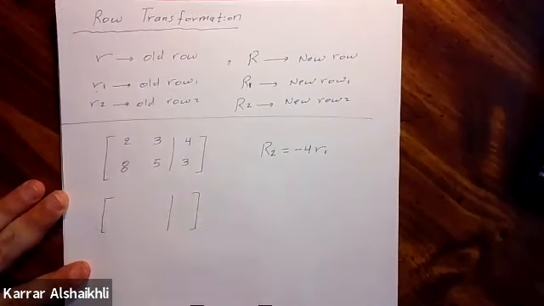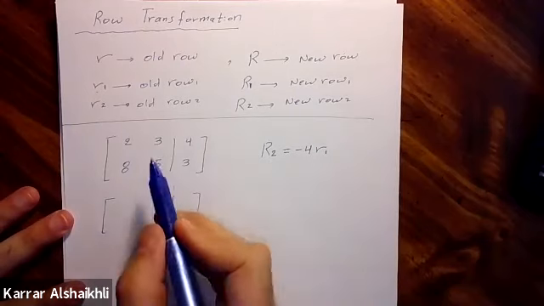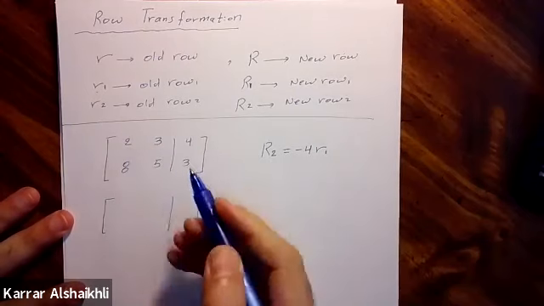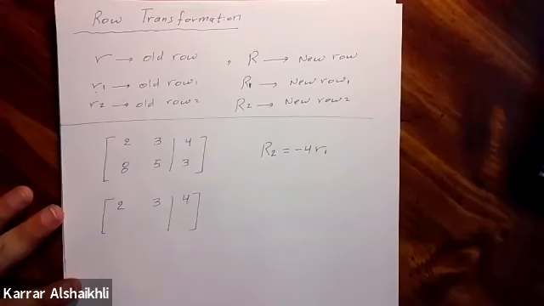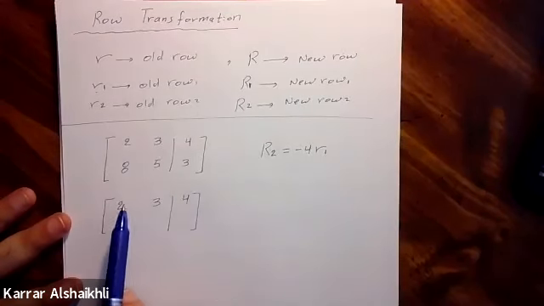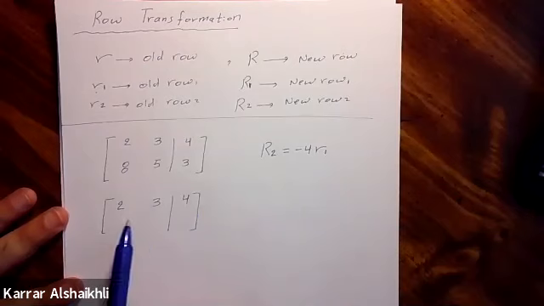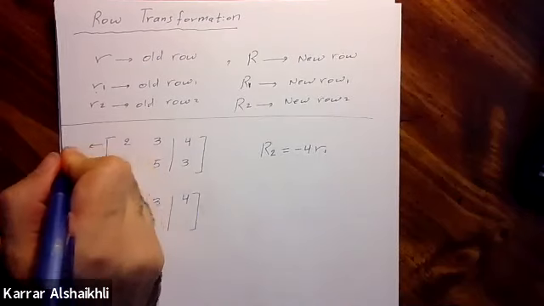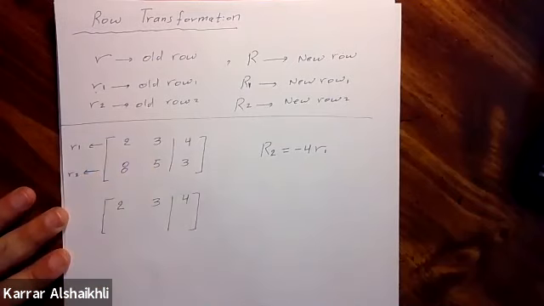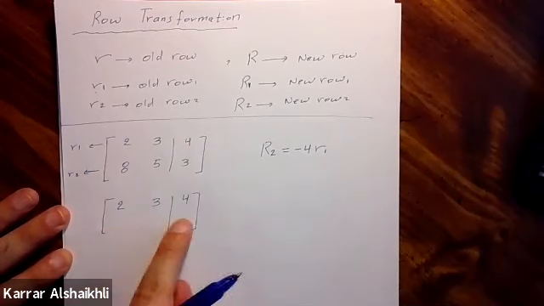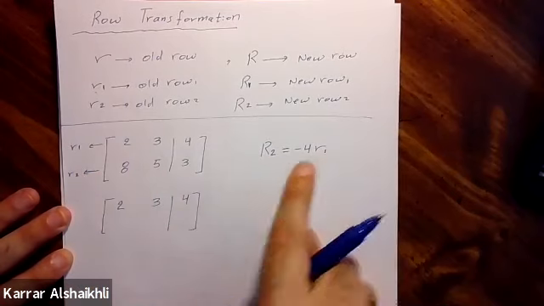I'm going to get a new R2. That means the old R1 is going to be exactly the same, which is 2, 3, and 4. And I'm going to get a new R2. This is the old R1. This is the old R2. I'm going to get a new R2 here. Let's start using this rule.